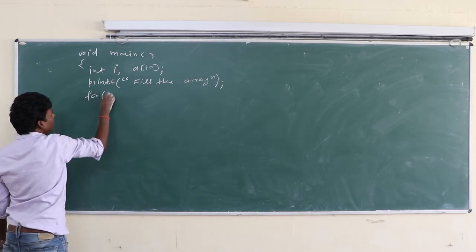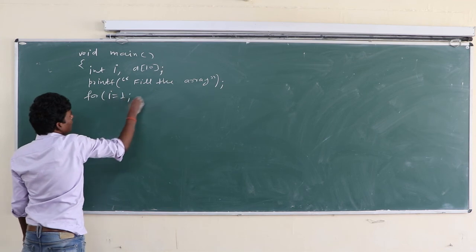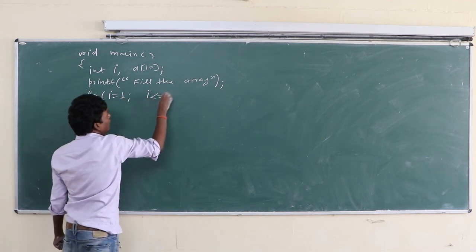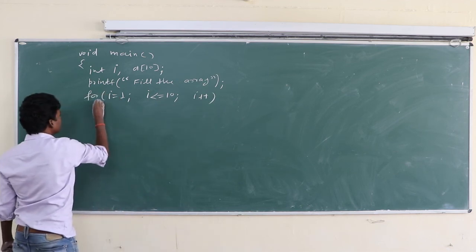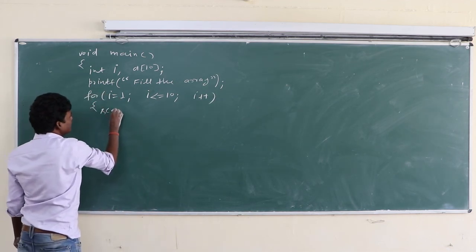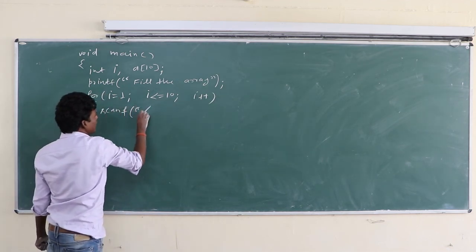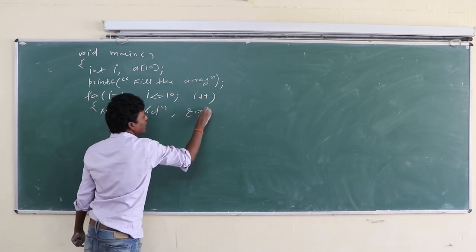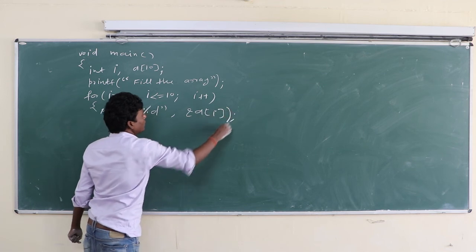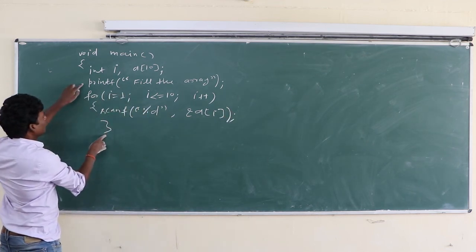For i equal to 1, i is less than or equal to 10, i plus plus, scanf %d, ampersand a of i. Here array is filled.